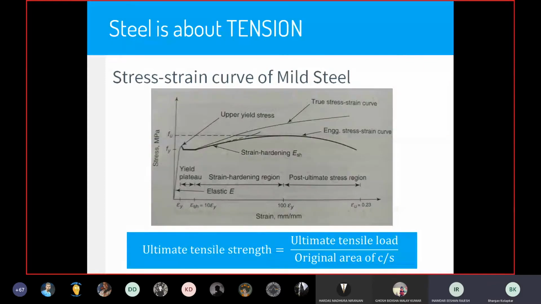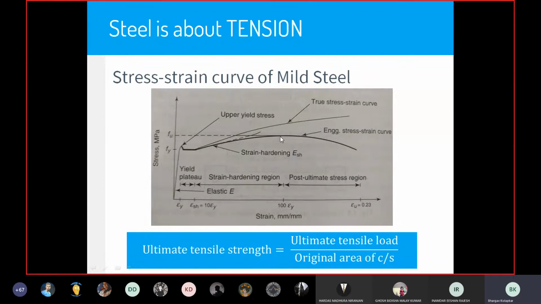Exactly, which means that at this particular value of yield stress, the elongation is happening without any increase in the stress of the material, meaning it is not offering any resistance. It is just letting the force elongate it. After we reach the end of the yield plateau, it again starts offering some resistance.